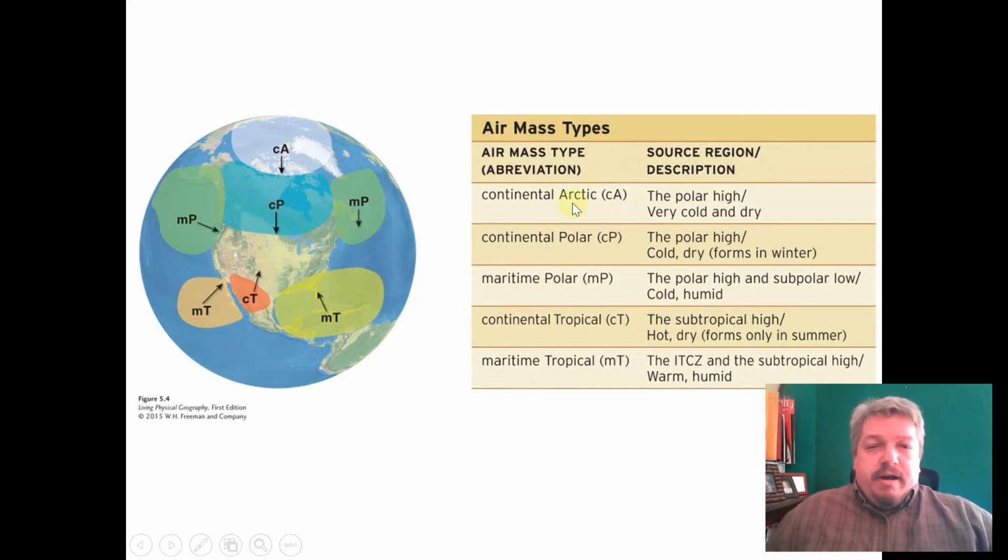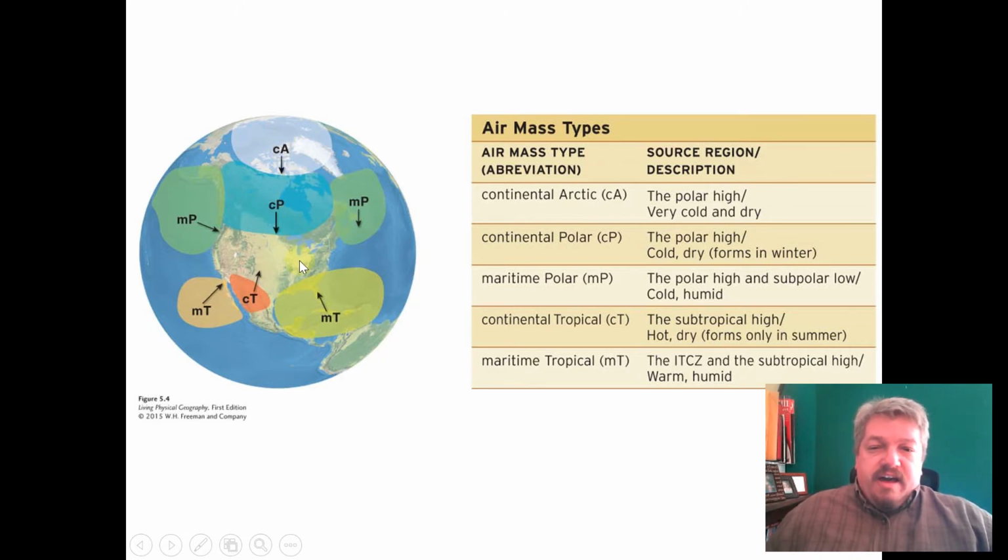The next thing we talk about is whether it's tropical or polar. Tropical just means that it's warm, polar means that it's cold. So combine them. A continental Arctic air mass is dry, cold air. It forms over areas like Siberia and northern Canada. You could have continental polar, which is not quite as cold as Arctic.